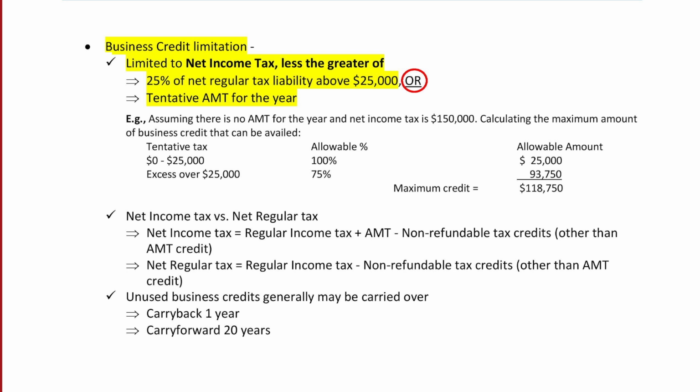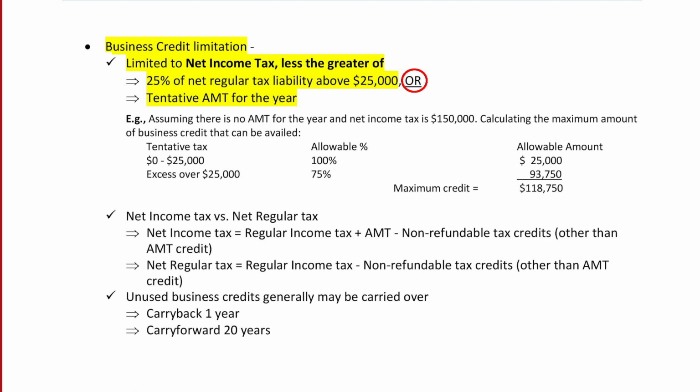For the excess over $25,000, so the excess income tax over $25,000, up to 75% of that amount can be claimed as business credits, which in this case is $93,750. Which means that if the net income tax is $150,000 and we assume that there is no AMT, the maximum business credit that the taxpayer can claim is $118,750.